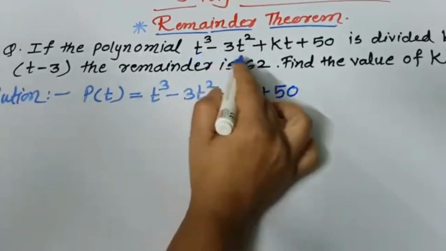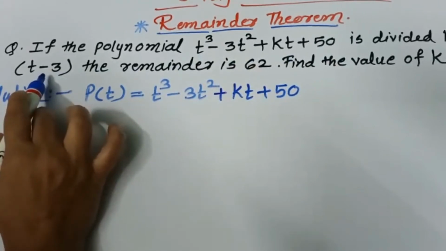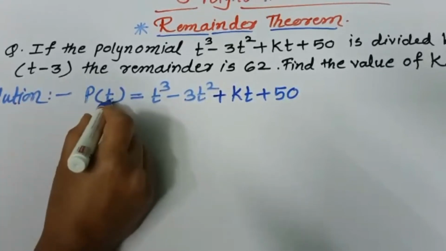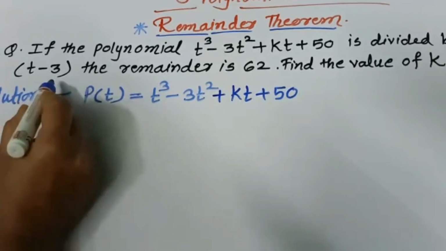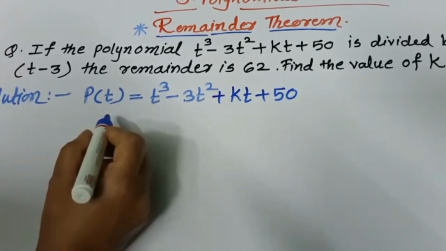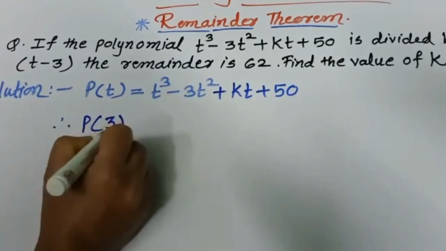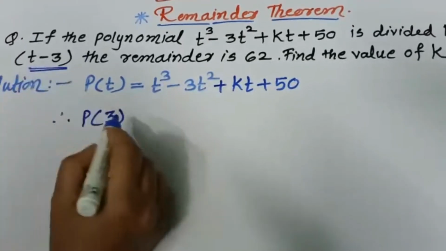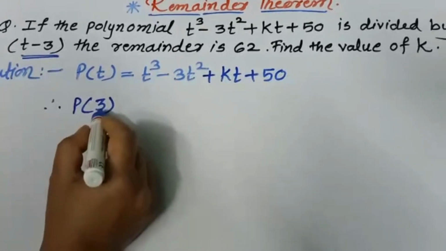Okay. So this polynomial, if we are dividing by t minus 3, means here opposite number of divisor we have to take, or we have to substitute in place of t. So if we are replacing this t by opposite number of -3 means +3, then we will get the value of that polynomial. So write therefore p of 3, because here divisor is t minus 3, means opposite number always we have to take in place of the variable, that is -3 is opposite number +3.